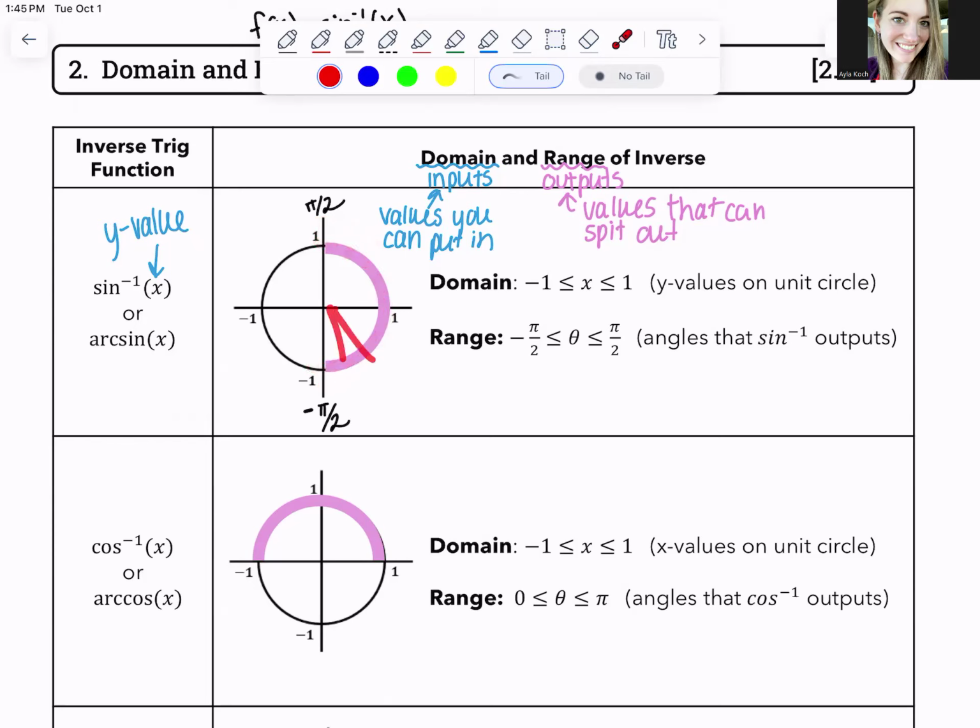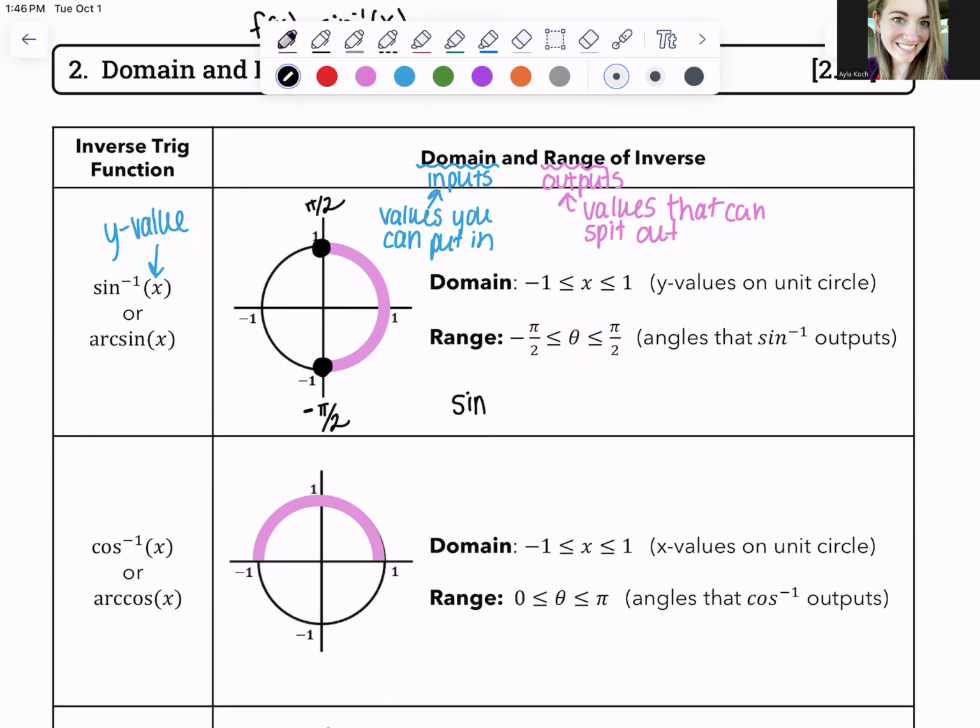Every y value gets covered between -pi/2 and pi/2. And that includes the endpoints. You can see that right here with the less than or equal to, it includes -pi/2 and pi/2 because those are possible outputs.